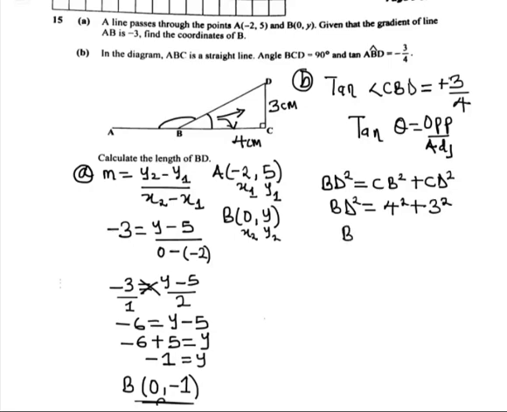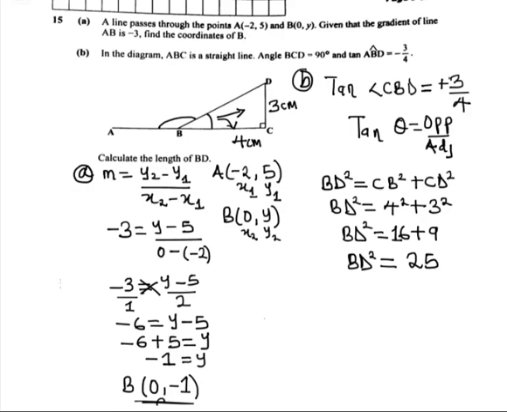Then BD squared is equal to 4 squared, that is 16, then 3 squared, that is 9. If we add 16 plus 9, that gives us 25. So BD squared is equal to 25.